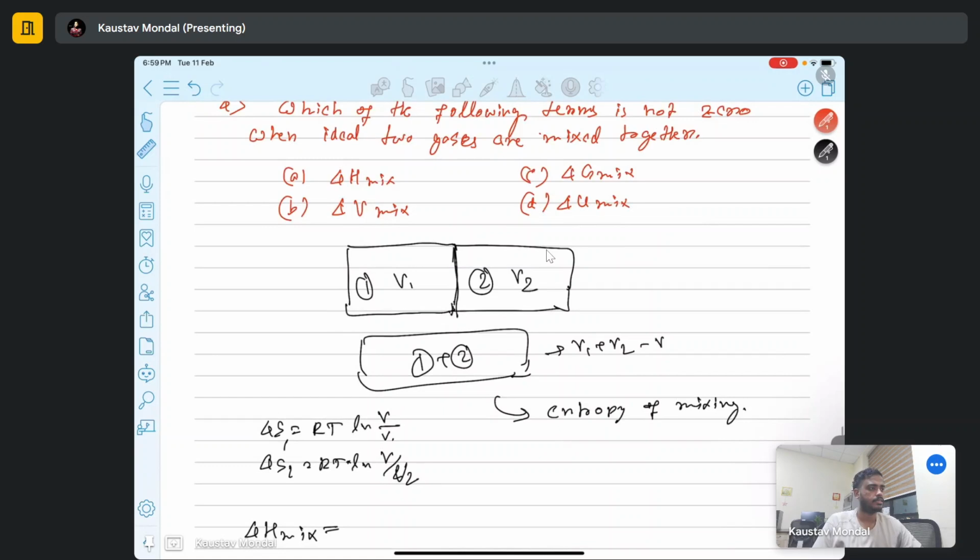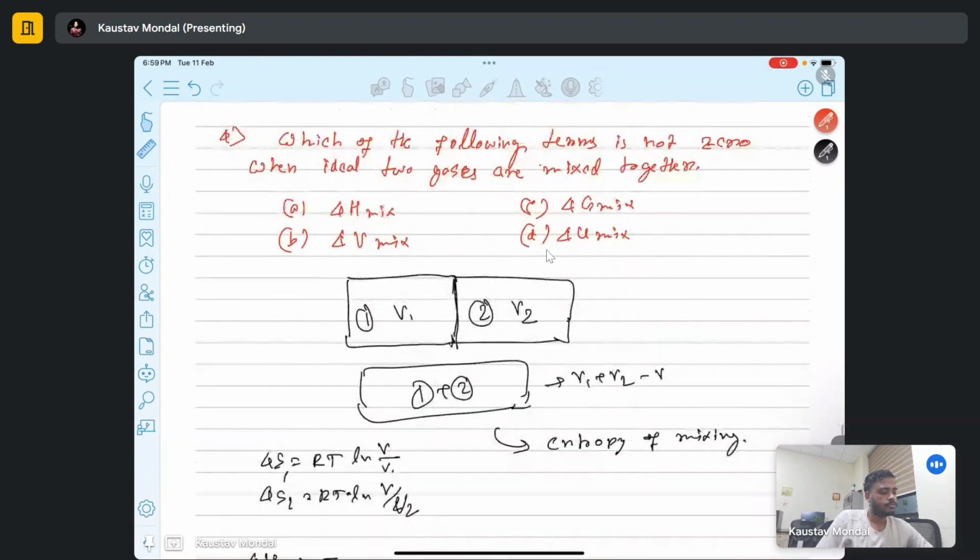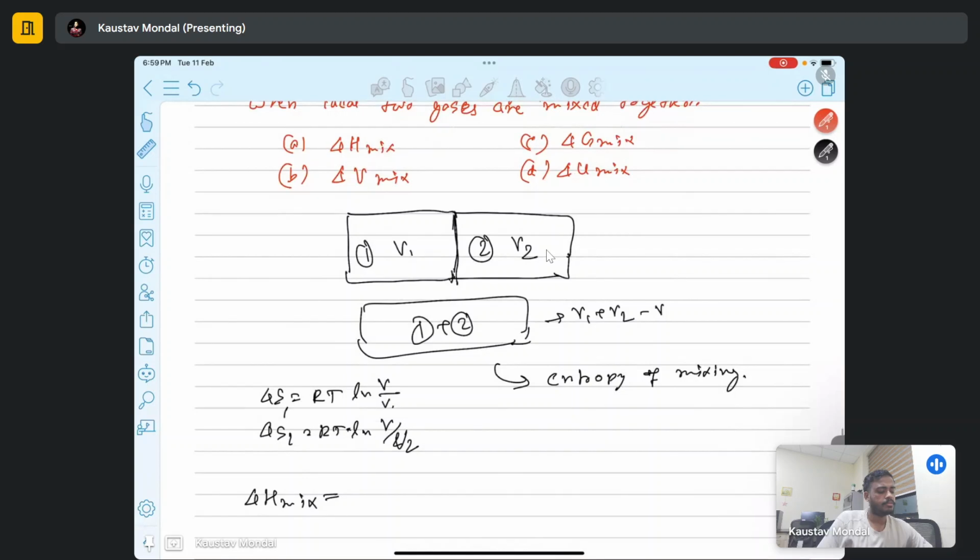But here the gases are ideal gases, right? Realistically, if you move this barrier and two gases mix with each other, the gas molecules should collide with each other more, giving more kinetic energy, so the heat would increase.